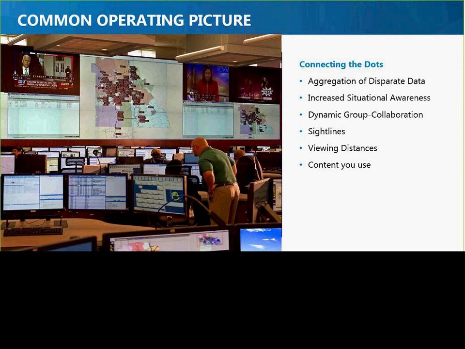But to me, the common operating picture is just a great piece of real estate, a video wall, or even independent large screen 4K monitors, for example, to aggregate all the disparate data that you have and put it in a single place.